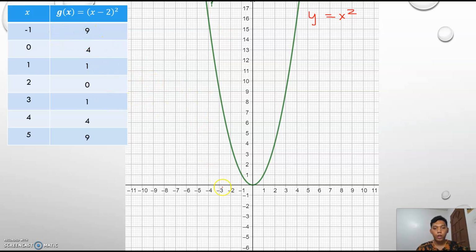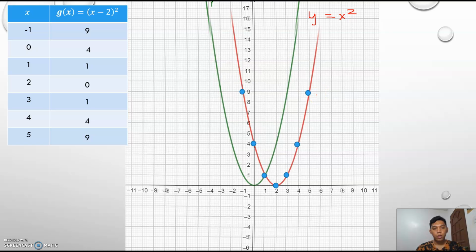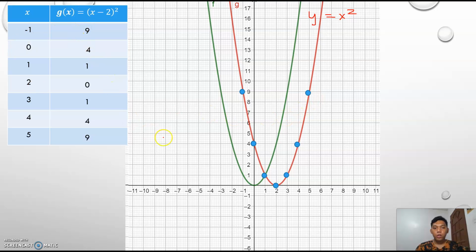Here -1, 9, here 0, 4, here 1, 1, here 2, 0, and then 3, 1 there, 4, 4 here, and then 5, 9 here. Then you connect the dots using a smooth curve, and this will be the image, right? If you notice, there are some changes based on the parent function y equals x squared.